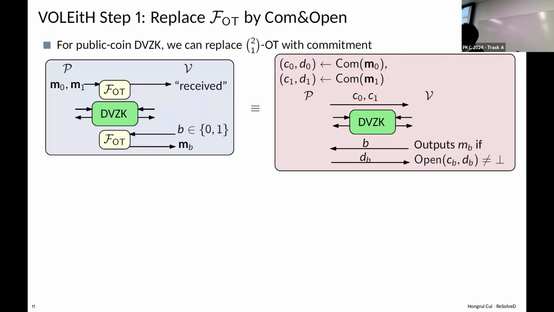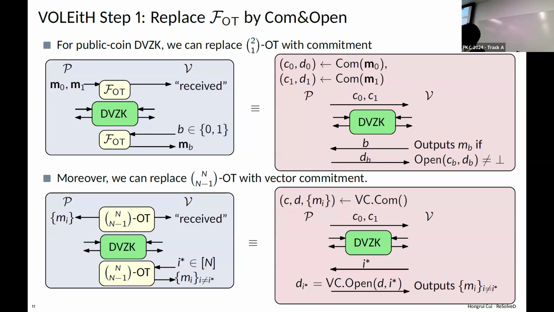So this box can be realized by having the prover send the commitment to the verifier first, then they run the ZK protocol, and the verifier simply asks the prover to open the corresponding commitment. Since the commitment is binding, and at this point the prover cannot change the previous transfer, we have soundness.